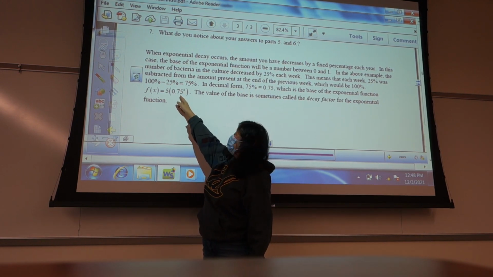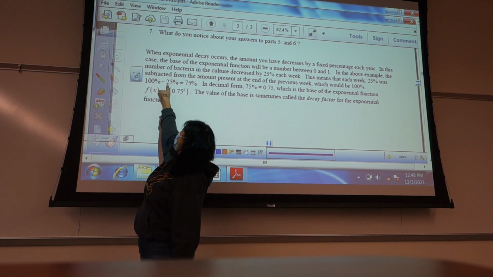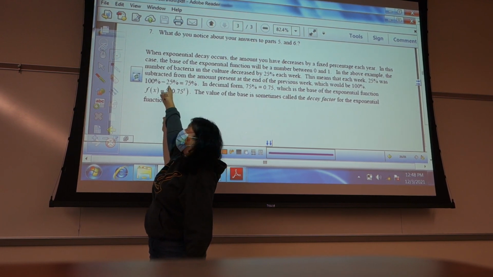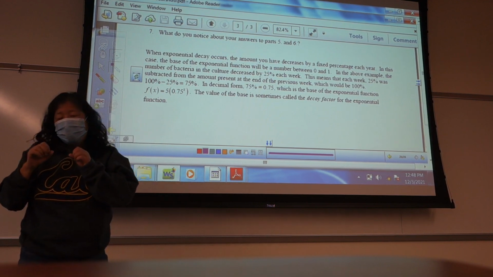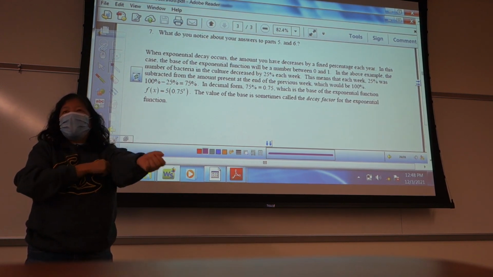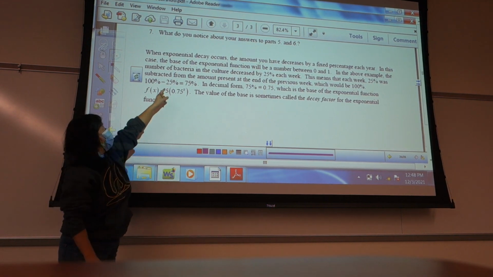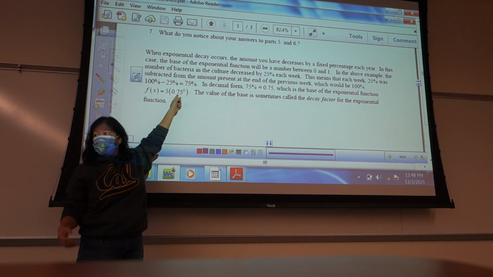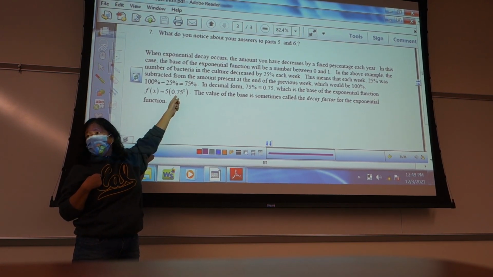That's my decay factor. I have 100%, I subtract off 25%, I only have 75% left, so I'm decreasing by 25% each time. So my decay rate, the amount I lose, is 25%. My decay factor, the multiplier, is 75%, 0.75.